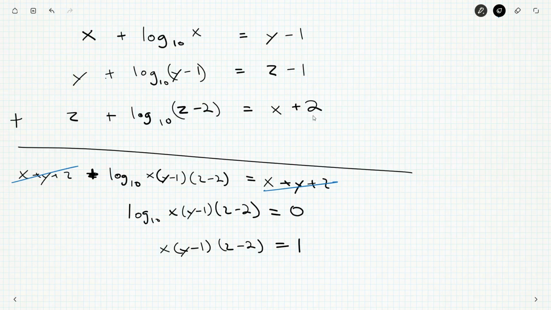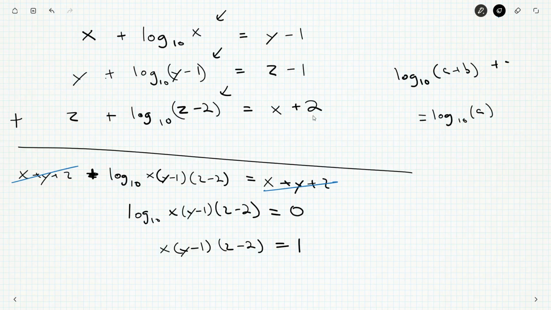Now, this isn't our original y and z. We've got y minus 1 and z minus 2, and we're not really going to be able to get away from that. You're always going to have a y minus 1 and a z minus 2. The reason being, this log really sort of traps these numbers. There aren't really properties of logs where I can do something with log of a plus b, and add something or multiply something, and suddenly get rid of the b.